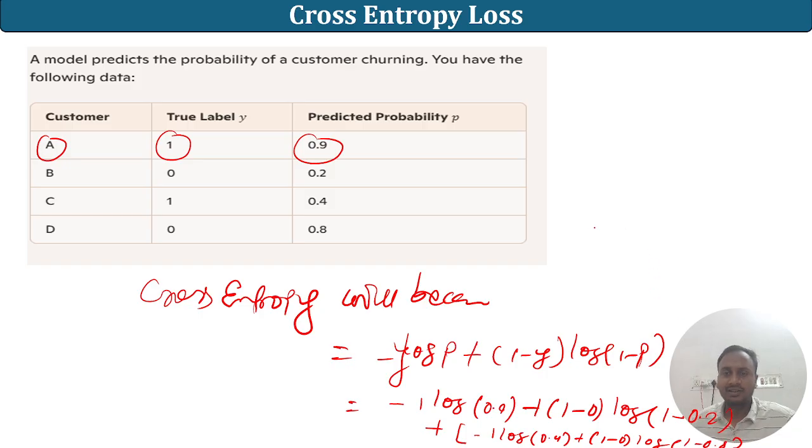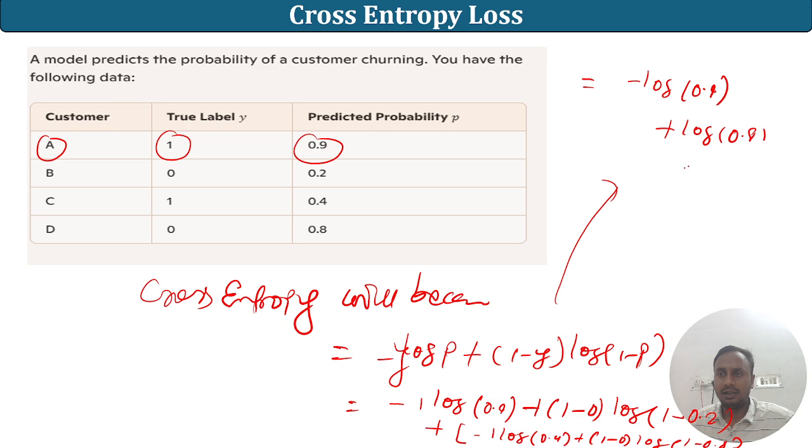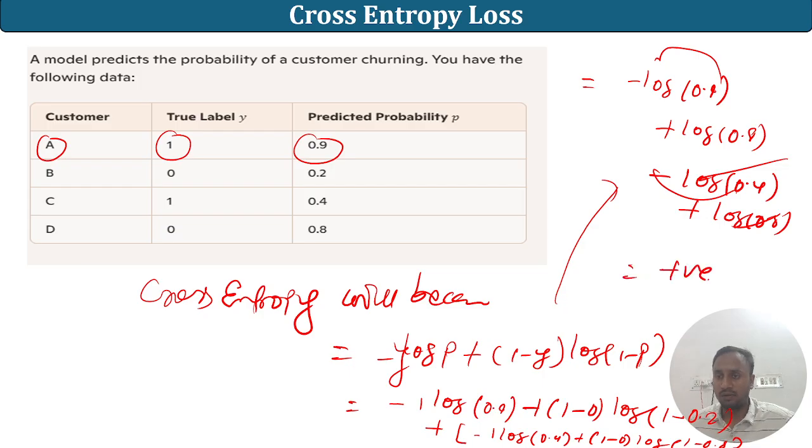That's how we calculate it. If we solve here, we get minus of log 0.9, minus of log 0.4, plus of log 0.8. It will come out as some positive value. So this is the cross entropy value. Shall we go ahead?